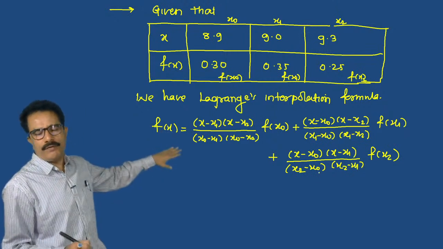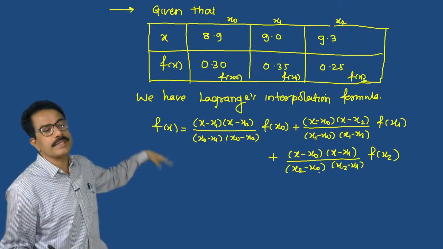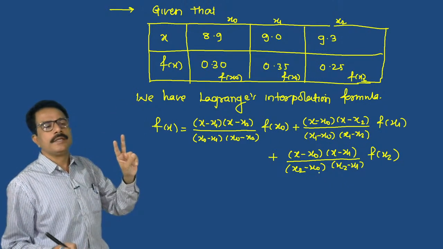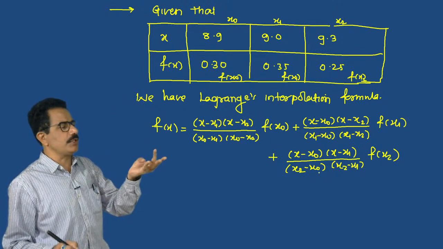This is the formula for Lagrange's interpolation for this given data, because in this data there are only three values of the argument, that is x0, x1, x2.